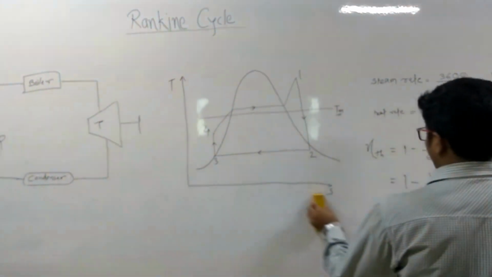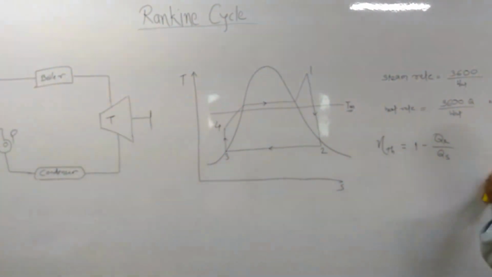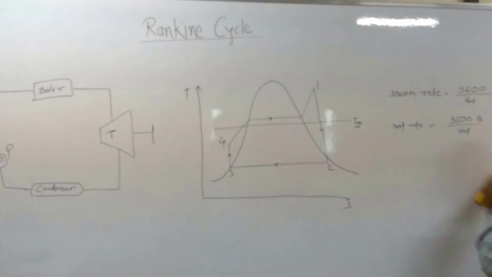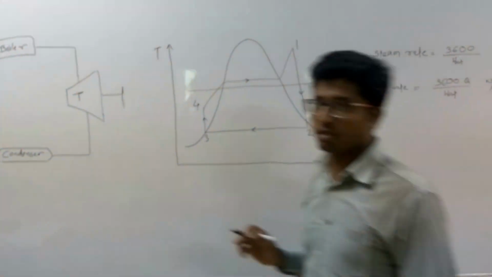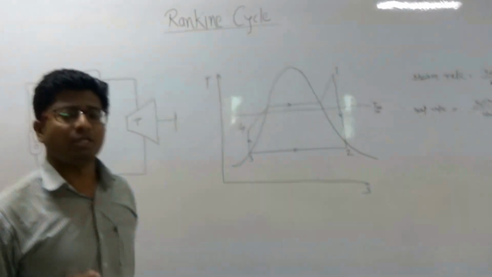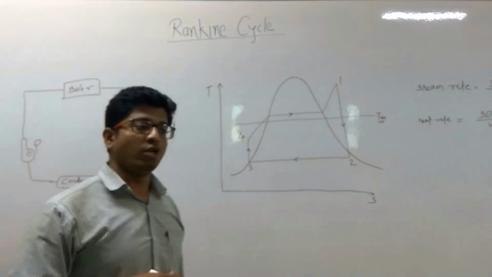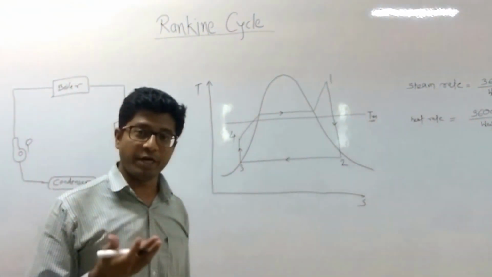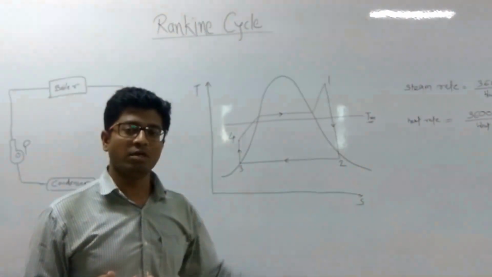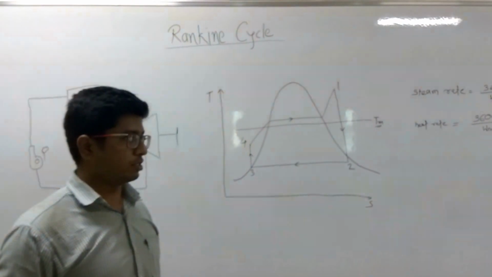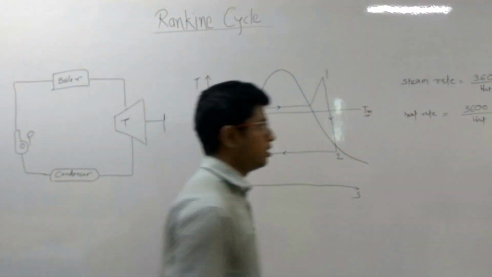Now we will see some parameters which affect the Rankine cycle. Parameters like boiler pressure, or superheating the steam in the boiler, or reducing the condenser pressure. There are three parameters.